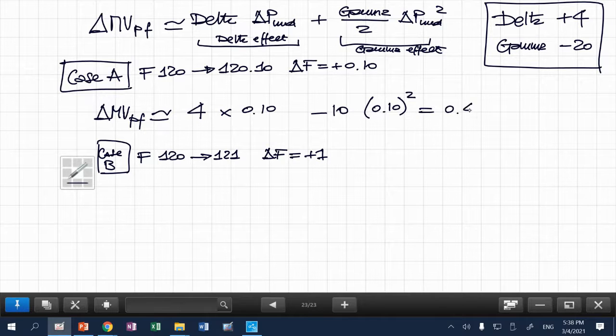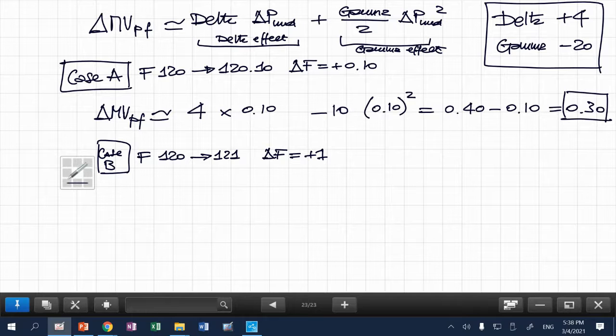This means that the delta effect is 0.40, which is the size of the gamma effect here. 0.10 squared is 0.01, and as a consequence, what I lose due to gamma is 10 cents, okay? So I'm not making 40 cents, I'm just making 30. Have I been clear?